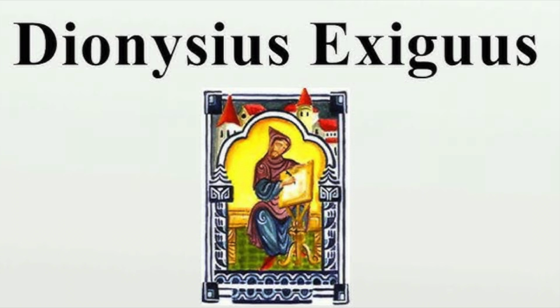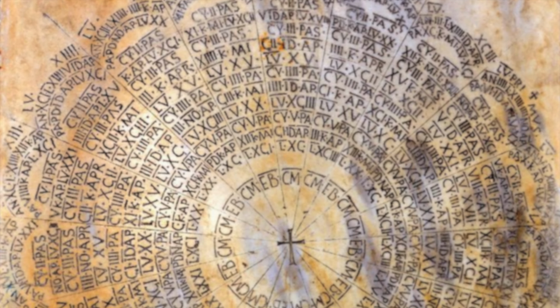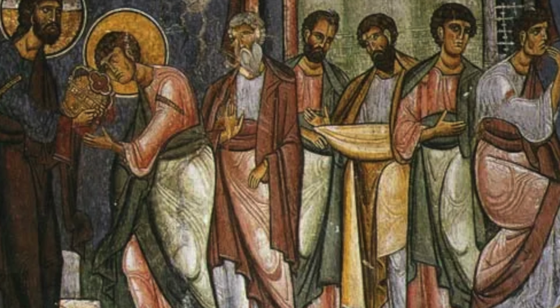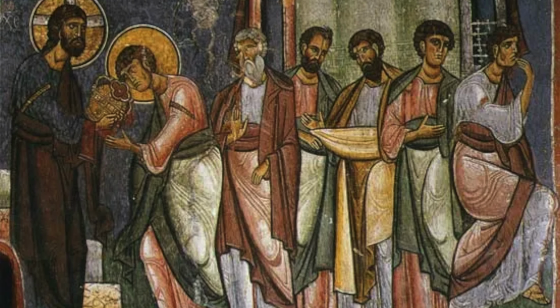Okay, so now we understand this method and how it works, but where on earth did it come from? And what did they use before it? Well, about 1,500 years ago, a Christian monk named Dionysius Exiguus created the AD system. It replaced an older calendar that was tied to a previous Roman emperor, Emperor Diocletian.